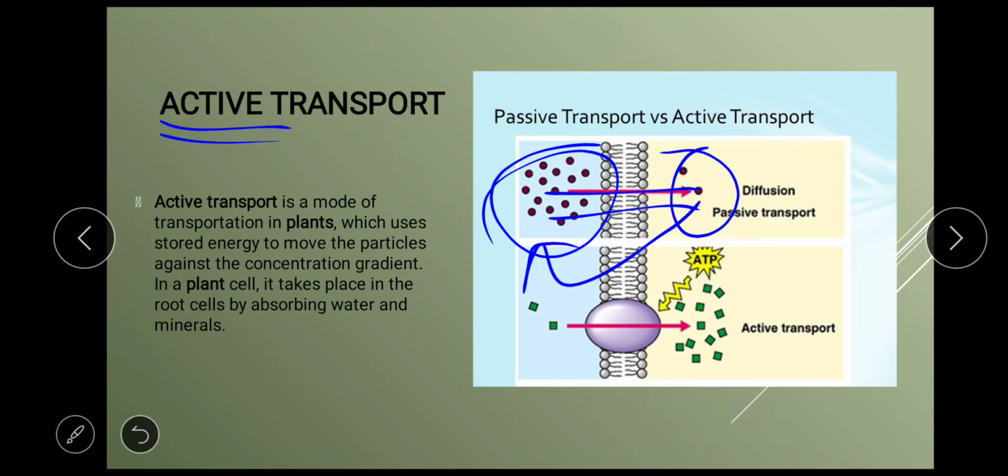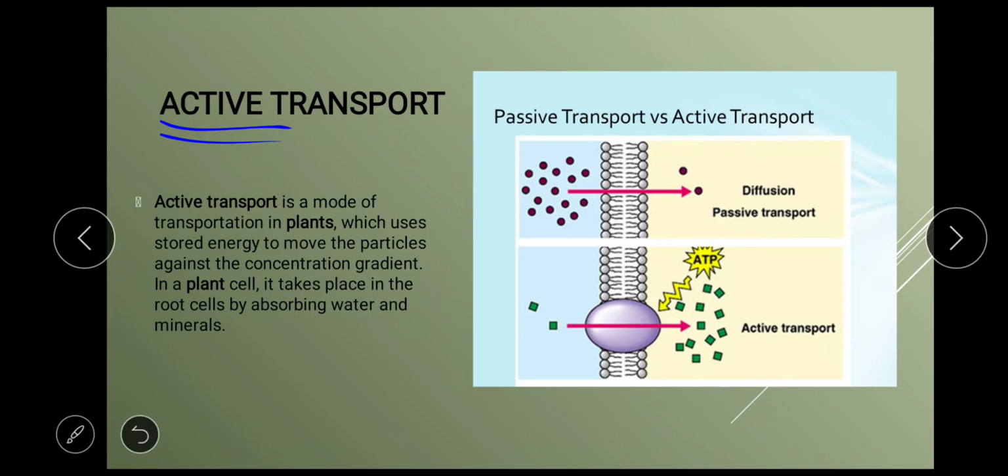But what if I want to do the reverse, from less to more? In this diagram, pay attention, you can see there are two particles here and many particles here, but still the movement is in this direction. So how can we achieve this? This doesn't happen automatically. This movement from more to less happens automatically, that is why it is called passive. Passive means no energy is involved.